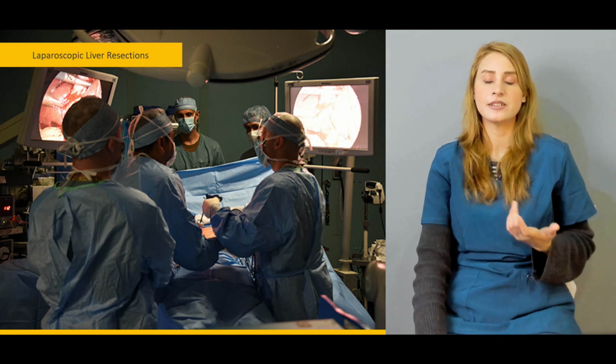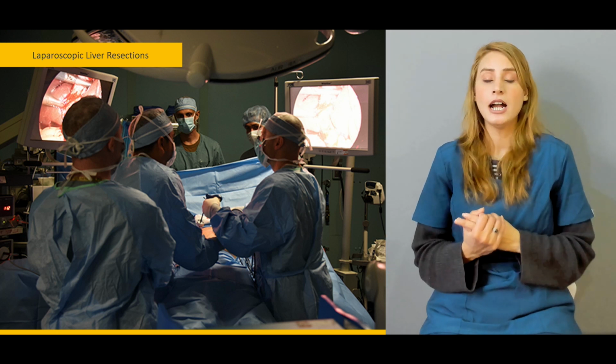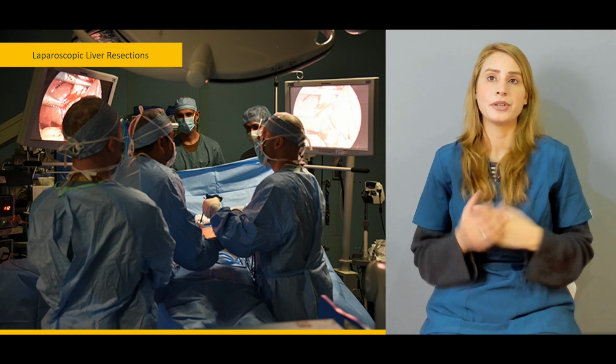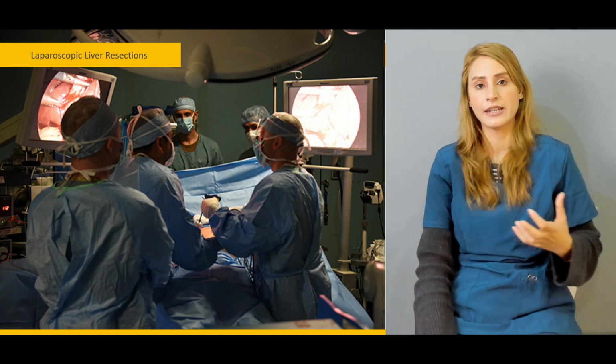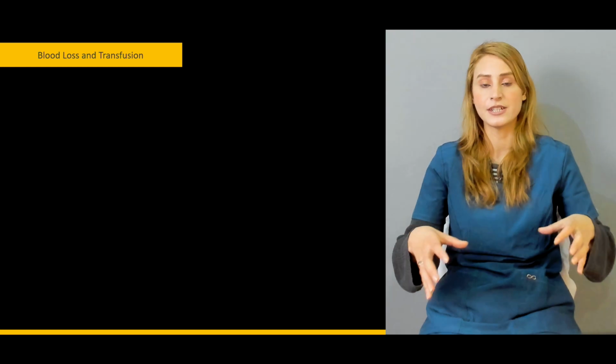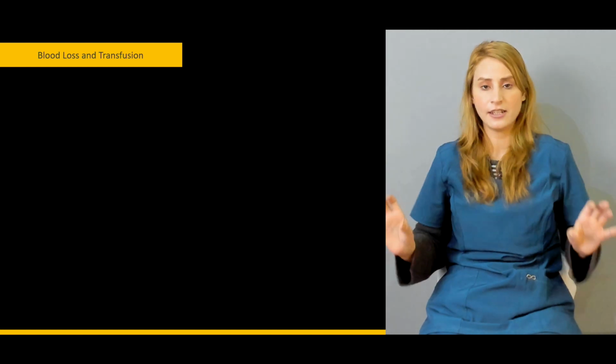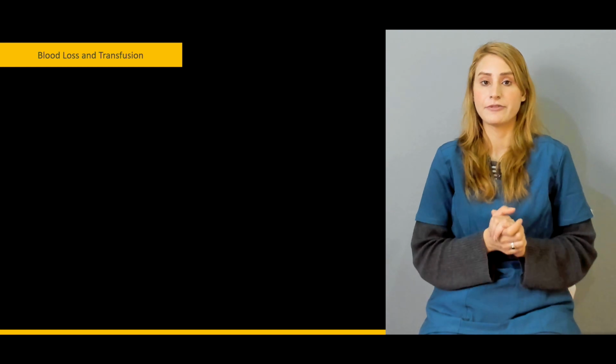The principle still remains the same. All the laparoscopic resections involve creating a pneumoperitoneum and then dividing, getting further exposure, dividing the ligaments, ligating the important structures, and doing the liver resection.